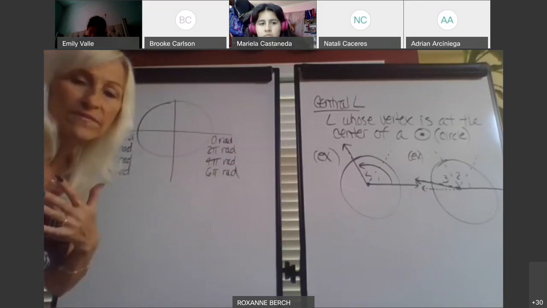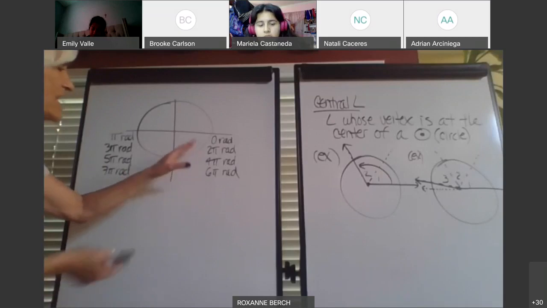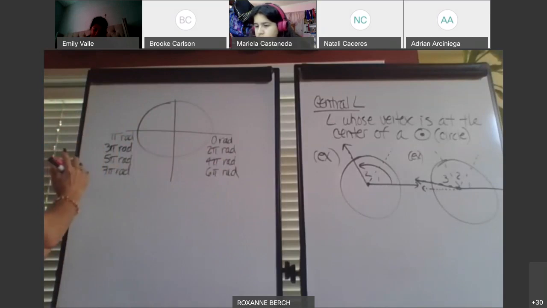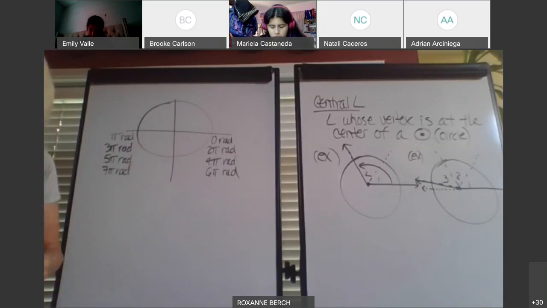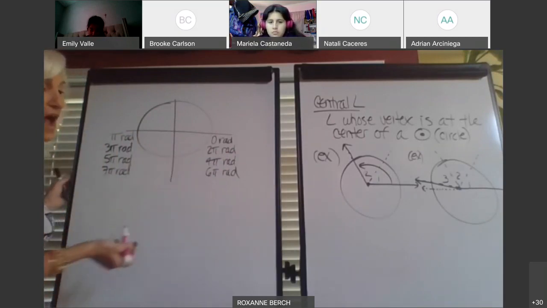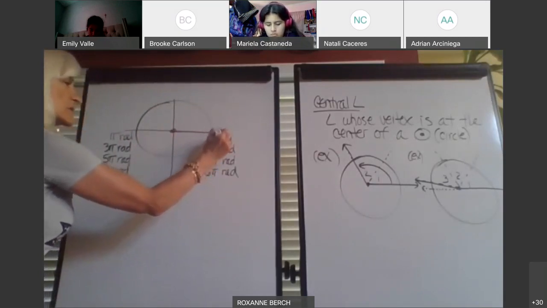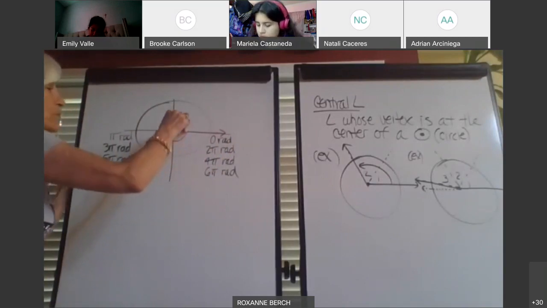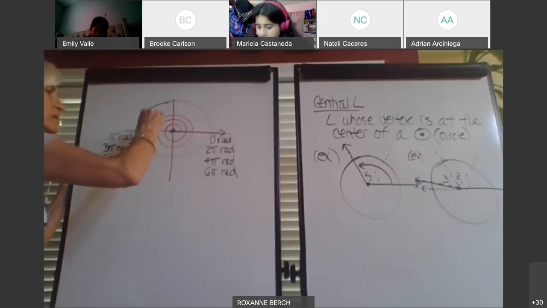If they wanted me to graph 7 pi radians, I know that the even multiples of pi are over here and the odd multiples over here. So if I was going to draw an angle that's 7 pi radians, I would say, okay, that's 2 pi radians, that's 4 pi radians, that's pi radians.